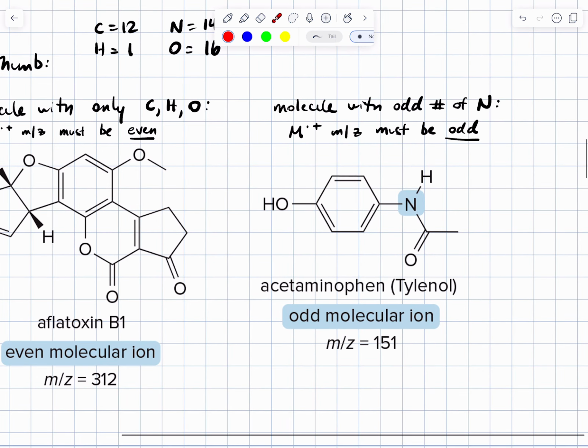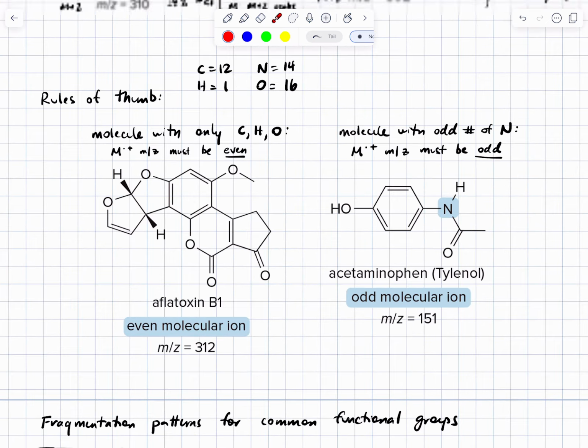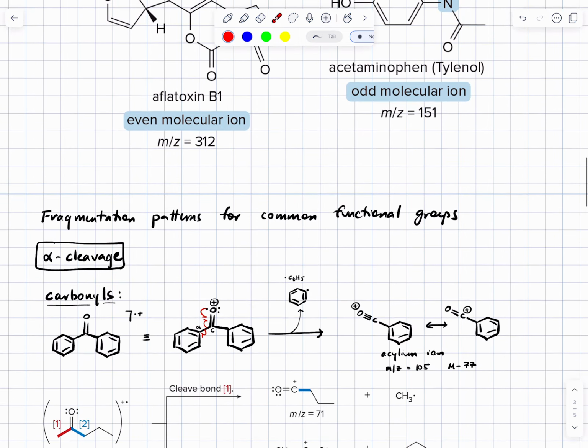But basically, if somebody gives you an M over Z and it's odd, that's a clue that your molecule might have 1 or 3 or 5 nitrogens, an odd number of nitrogens. I know you're thinking, is that useful? And the answer was, it used to be. It's really no longer useful. But again, there may be questions in the study guide that might have you deal with that.